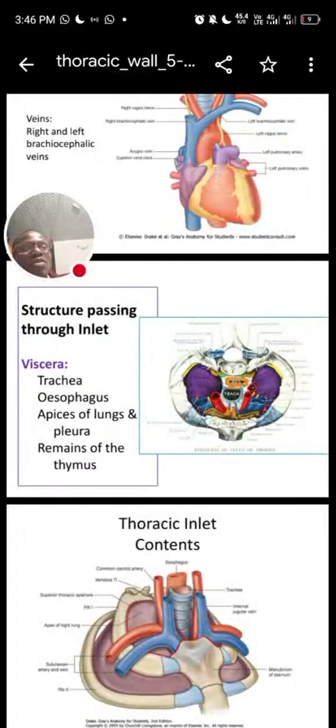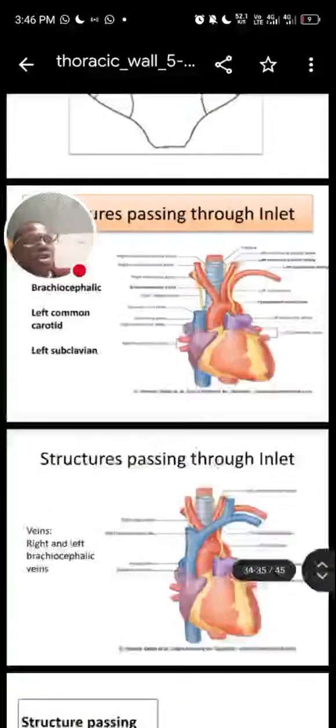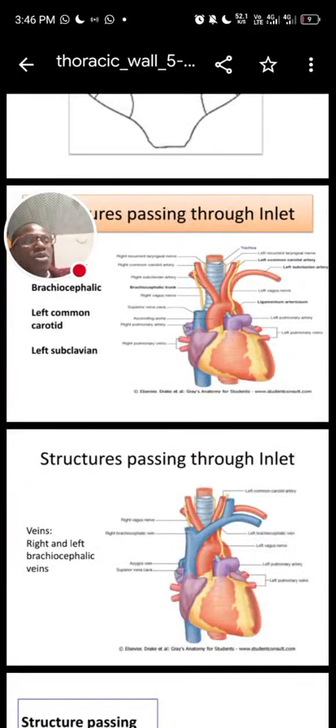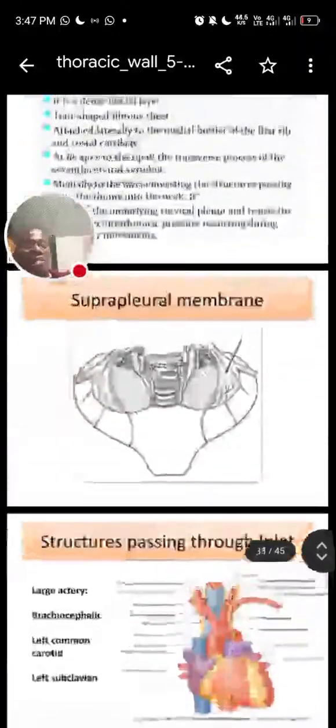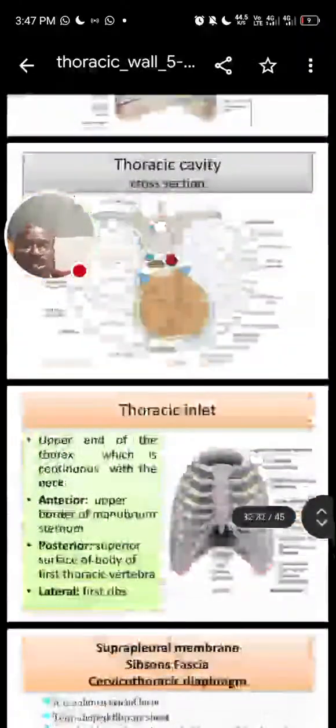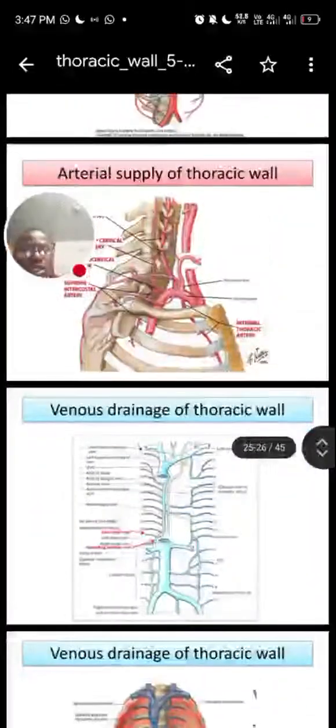Venous return. I think we have done that. When we say blood will return from the lumbar vein into the subcostal vein, from there it enters the hemiazygous vein, then the accessory hemiazygous vein, then the azygous vein, and from there to another drainage.